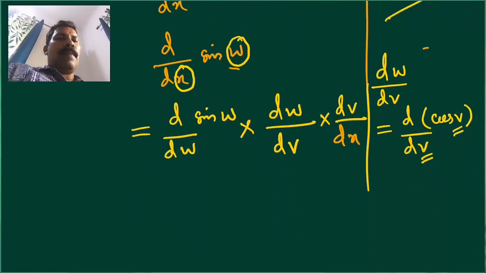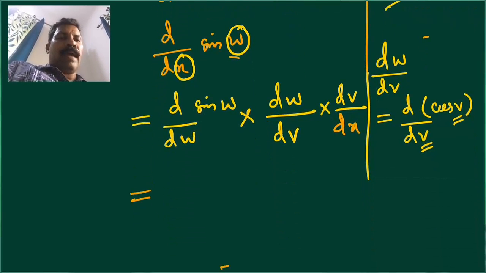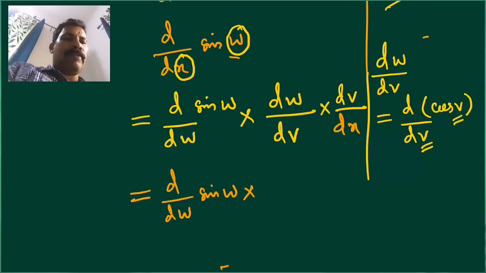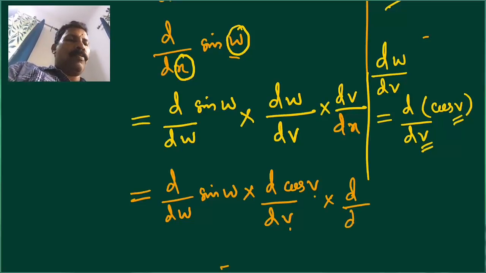So now let us see, that is d by dw of sin w, that we can find. Then dw, what is w? w is cos v. So with respect to v, that also we can, because the variable is v only. And then finally d by dx of v. v is nothing but a function of x.